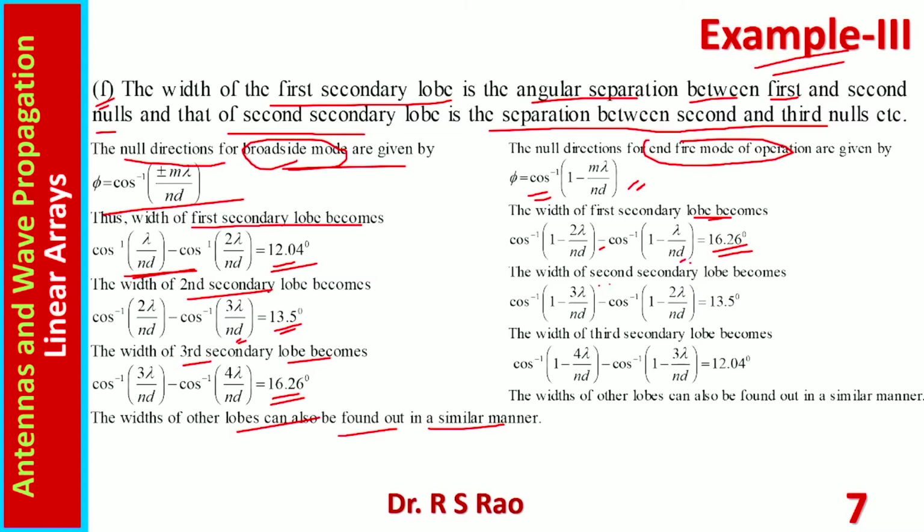The width of the second secondary lobe becomes cos inverse 1 minus 3 lambda by nd minus cos inverse 1 minus 2 lambda by nd. It becomes 13.5 degrees. Width of the third secondary lobe becomes cos inverse 1 minus 4 lambda by nd minus cos inverse 1 minus 3 lambda by nd. It becomes equal to 12.04 degrees. The widths of other lobes can also be determined in the same manner.